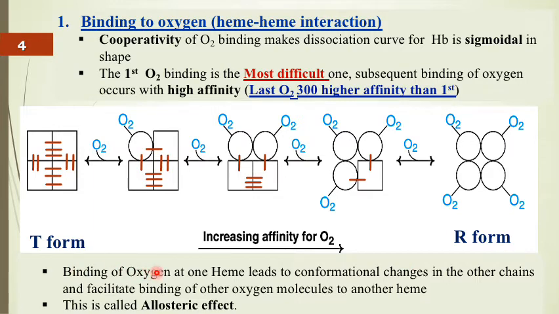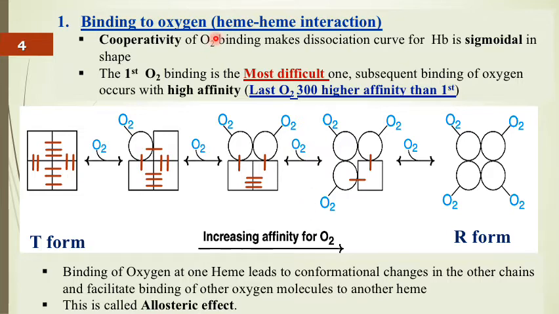So binding of oxygen at one heme leads to conformational change in the other polypeptide chains of hemoglobin, and this facilitates binding of other oxygen molecules. This phenomenon is called allosteric effect. Of course, allosteric effect occurs in enzymes, and as I said in the previous lecture, hemoglobin is an enzyme, okay?